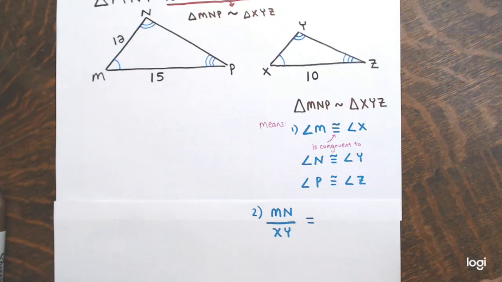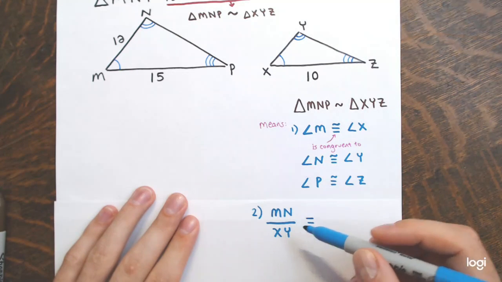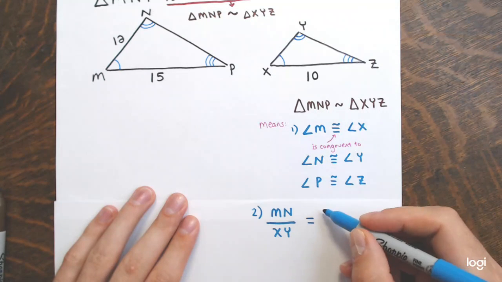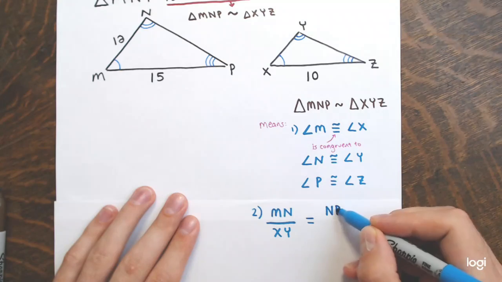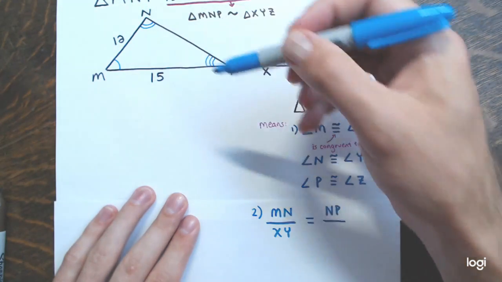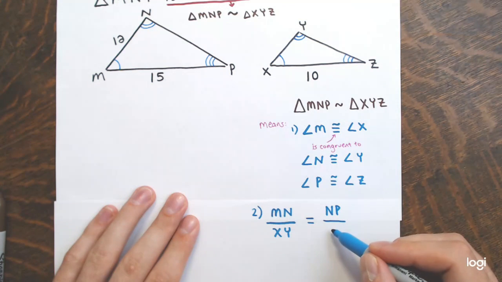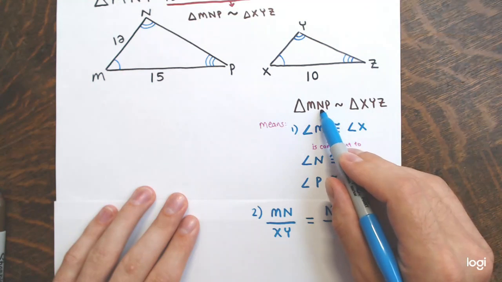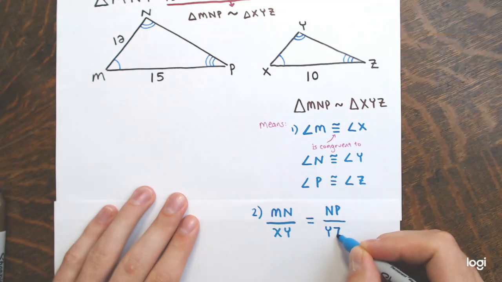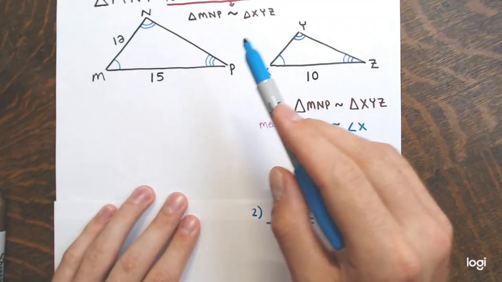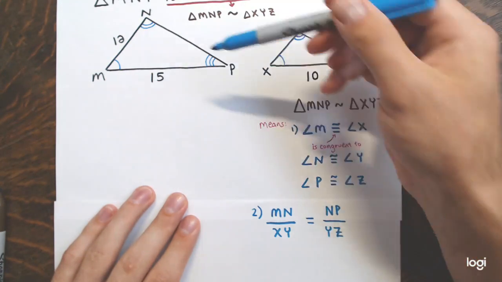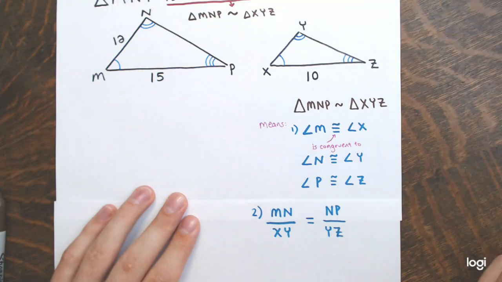Every ratio. So MN to XY will be equal to, and just keep on going here, the next two letters, N to P. This side here, N to P, the ratio to the length of, I went second to third letter, do the same thing here, second to third letter, Y to Z. So MN over XY will be equal to NP over YZ.